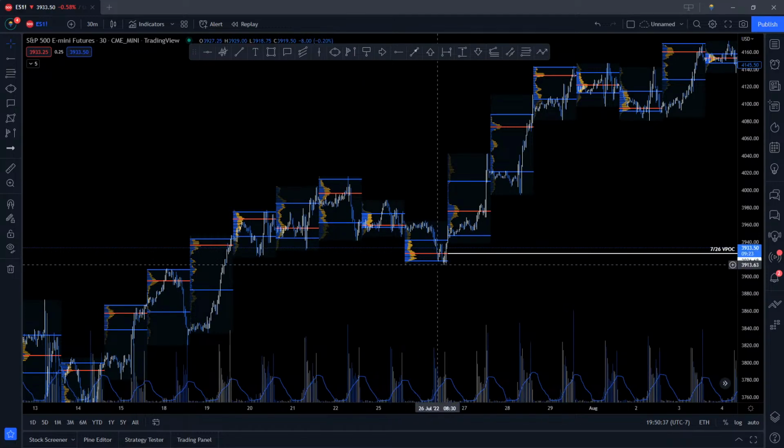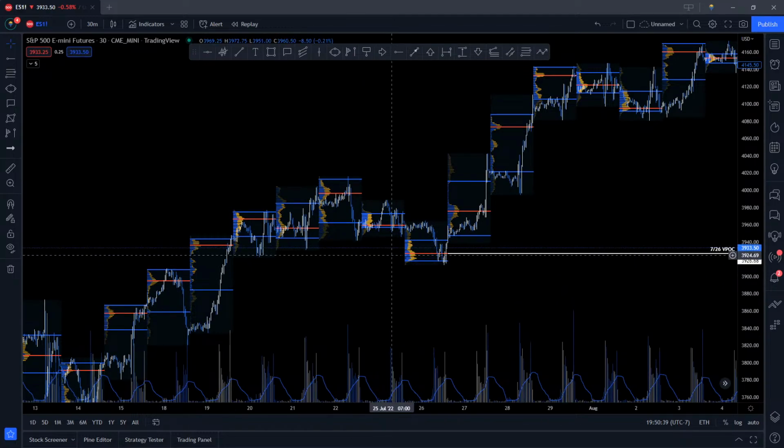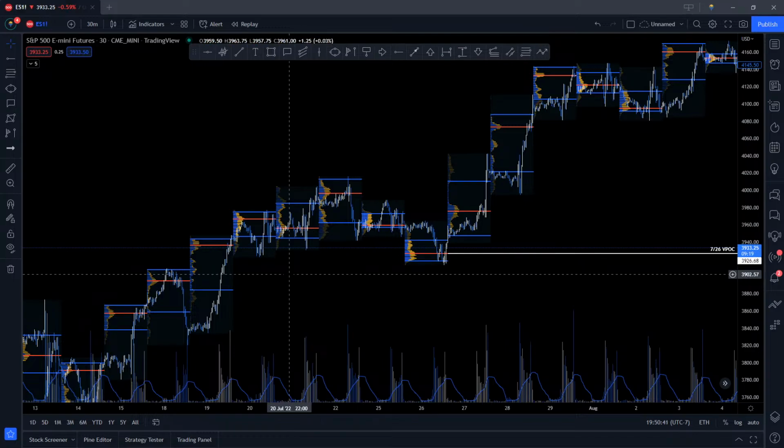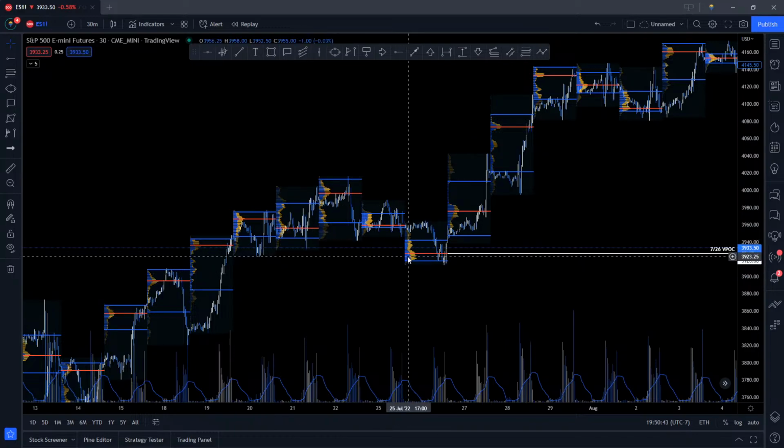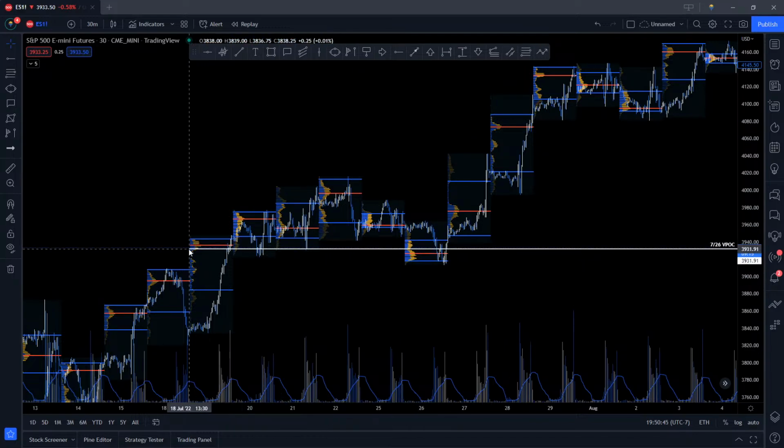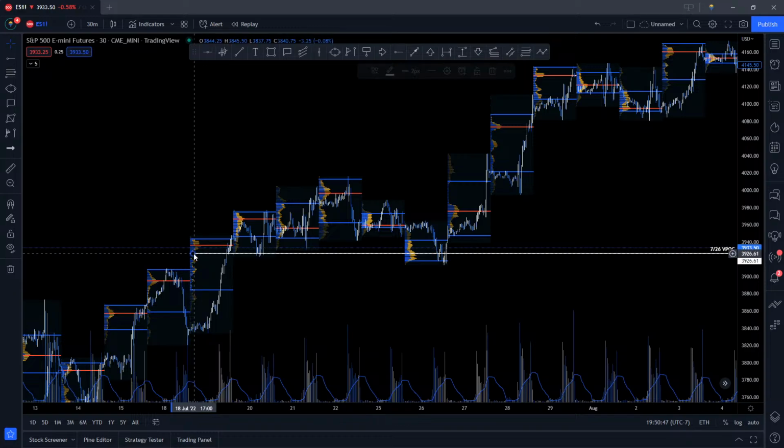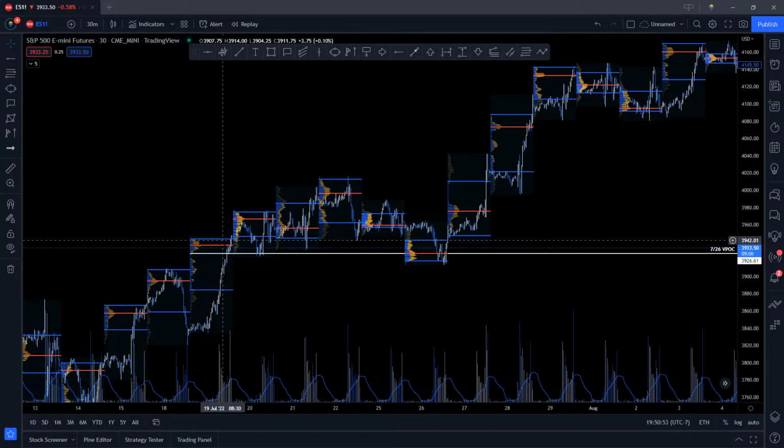So the way that we look at these, and unfortunately this is not the best example, let me go back to here. Let's say a market maker, well, ES, whatever, let's just pretend this is Apple.